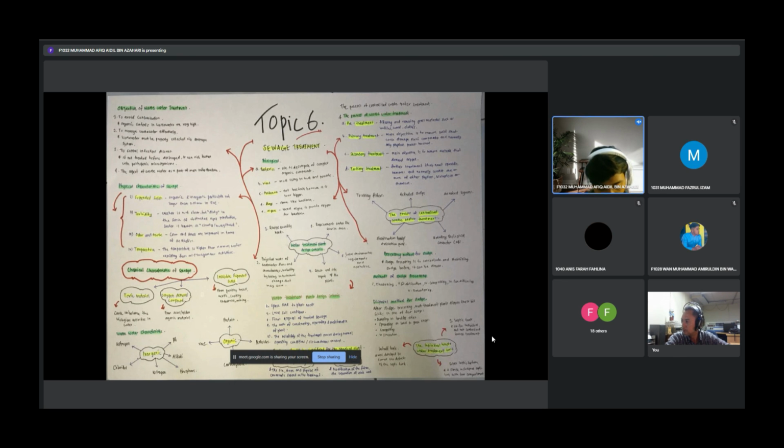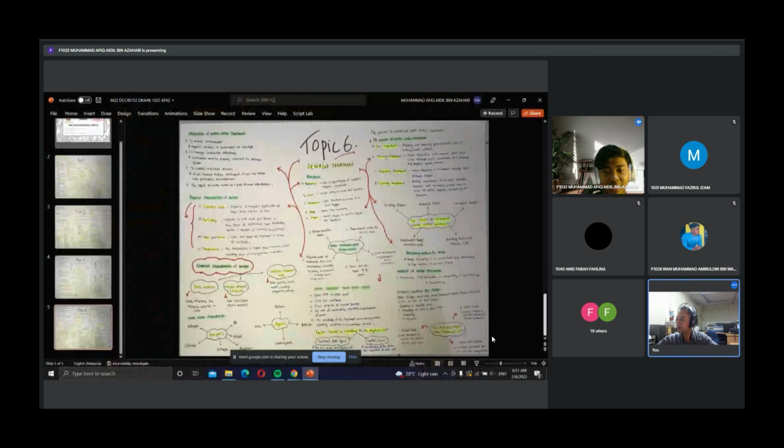Biological sewage treatment process kita ada 4 iaitu trickling filters, oxidation ponds, activated sludge, rotating biological contactor. So next, effluent and sludge disposal method of effluent discharge, sludge categories, sludge treatment, sludge disposal methods and individual treatment.